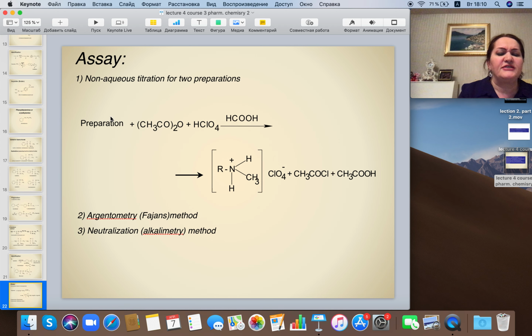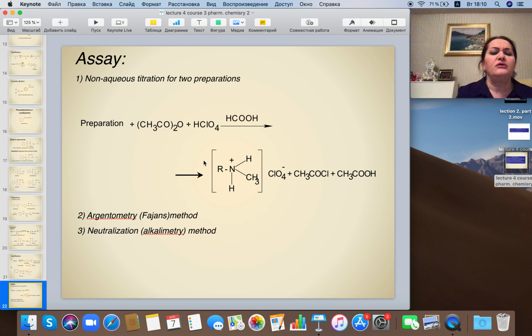Now about assay. The first method of assay is non-aqueous titration, and you can see this reaction. Non-aqueous titration may be carried out in two ways. The first way, without mercuric acetate, the preparation reacts with acetic anhydride and perchloric acid in the presence of formic acid.